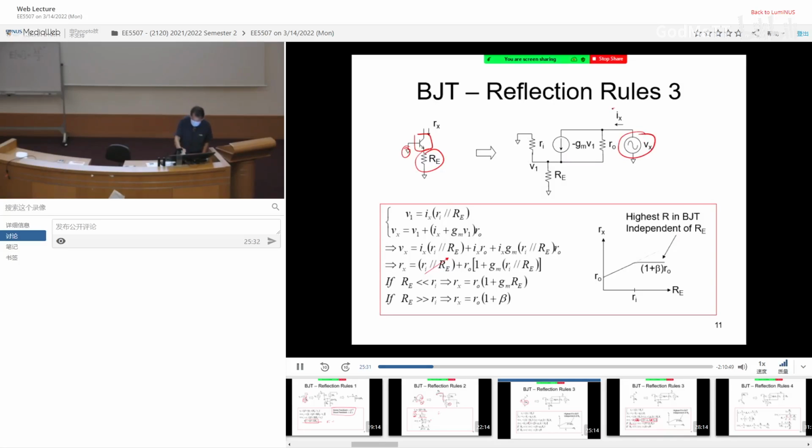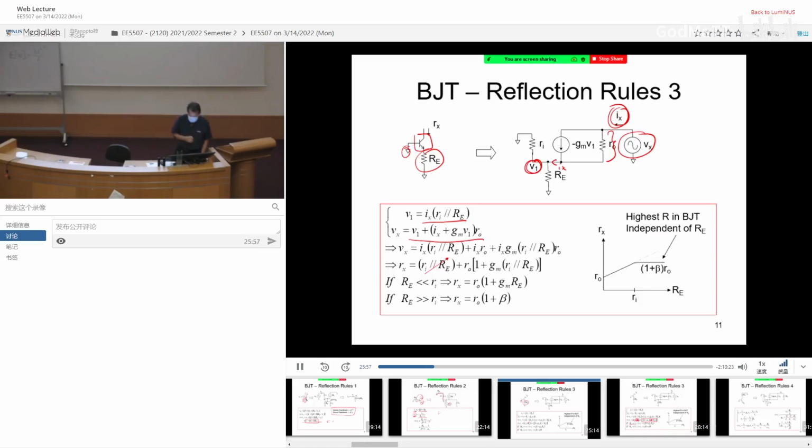I try to find the equivalent test current Ix. So first, if this is Ix, this is also Ix. I hope you can see that. So V1 is simply Ix multiplied by these two resistors in parallel. Straightforward.